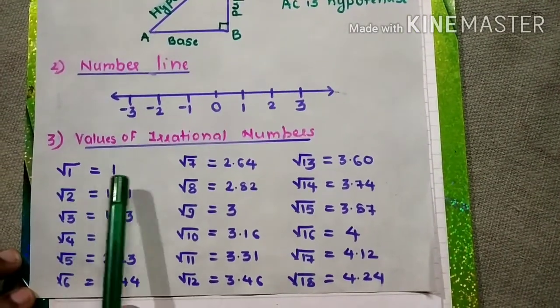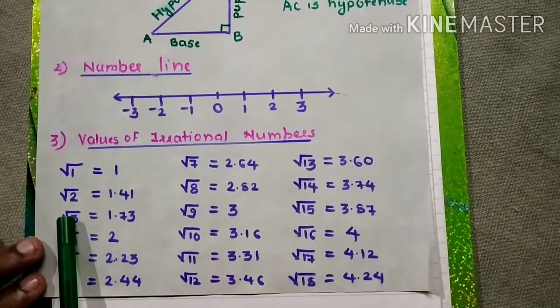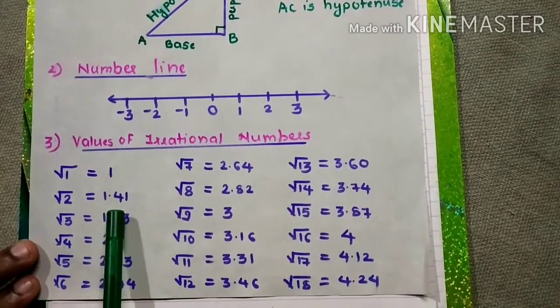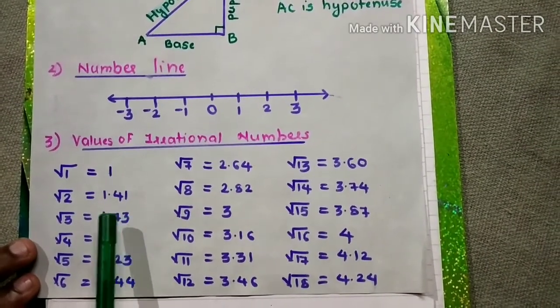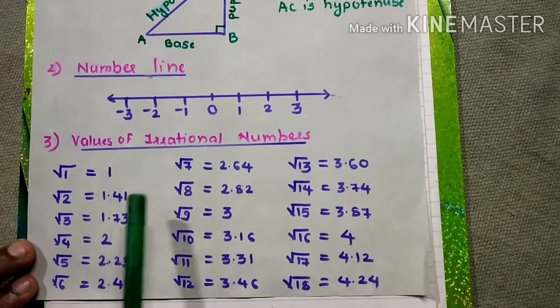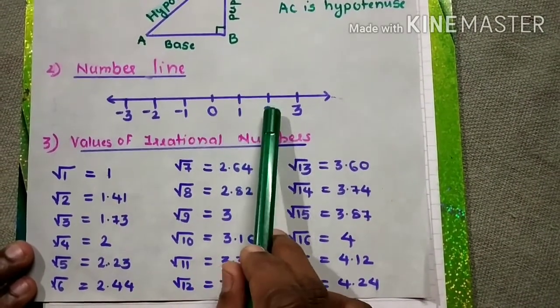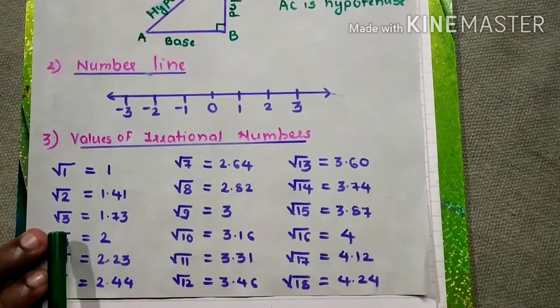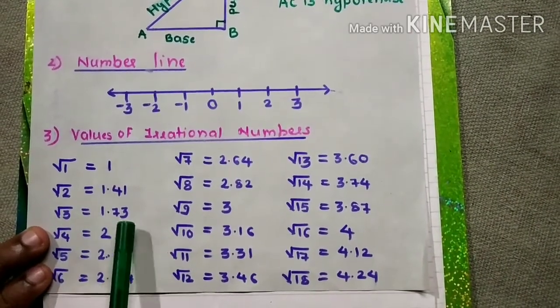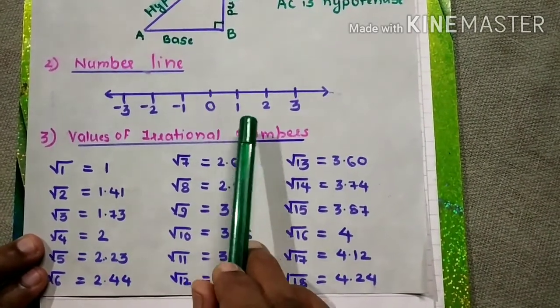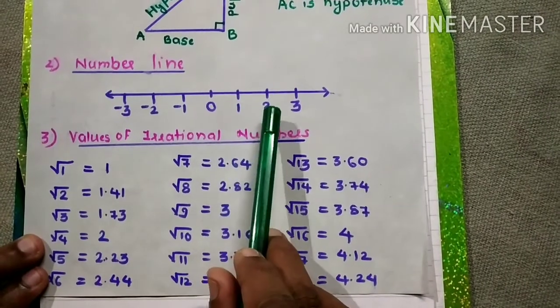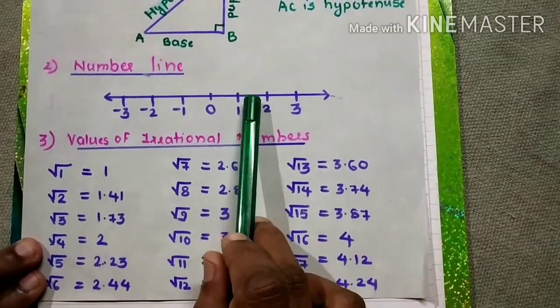Value of root 1 is 1. Value of root 2 is 1.41. So this value 1.41 will come in this number line between 1 and 2. Then value of root 3 is 1.73. So this will also come between 1 and 2. So here it will come.